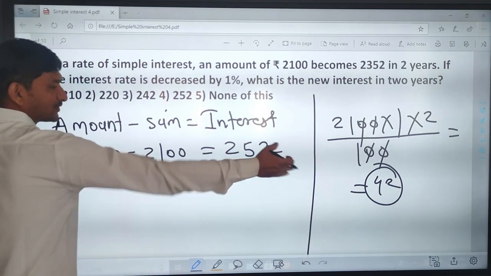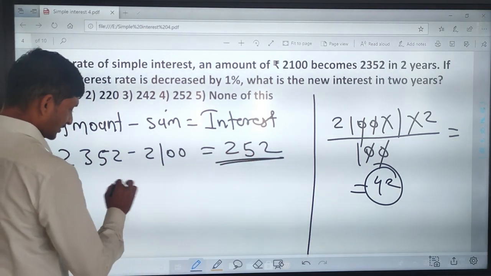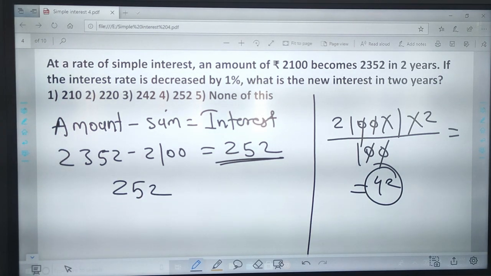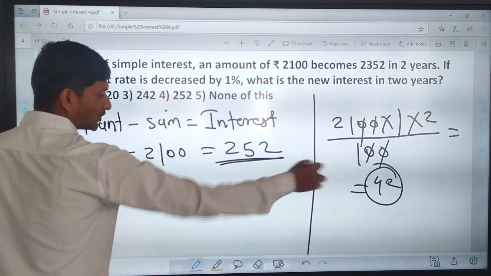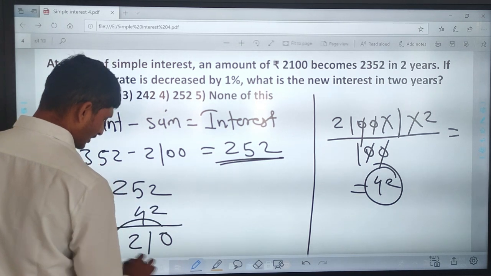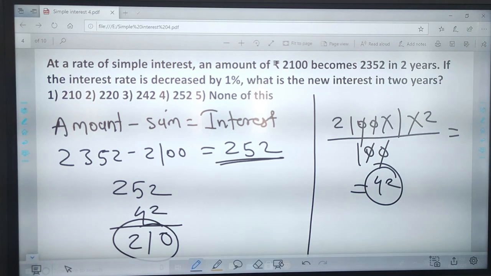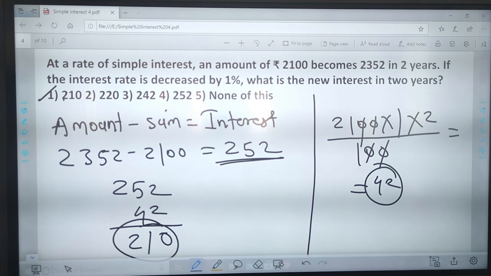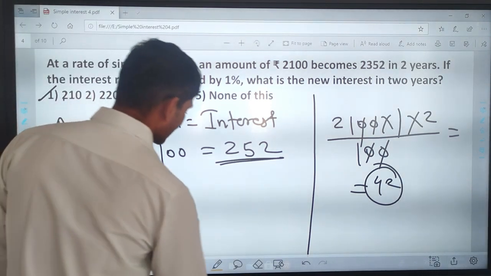We subtract this from the first interest: 252 minus 42, the value is 210. Now your new interest is 210.